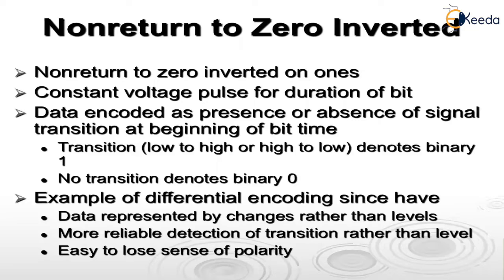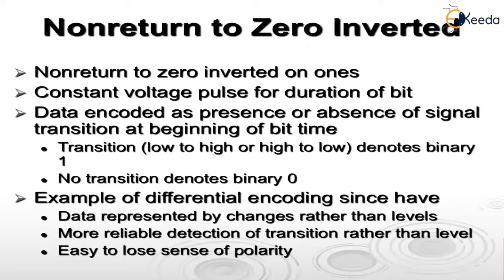In differential encoding, the information to be transmitted is represented in terms of changes between successive signal elements rather than the signal elements themselves. The encoding of the current bit is determined as follows. If the current bit is a binary 0, then the bit is encoded with the same signal as the preceding bit. If the current bit is binary 1, then the current bit is encoded with a different signal than the preceding bit.